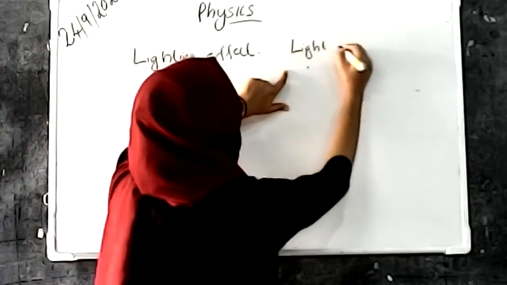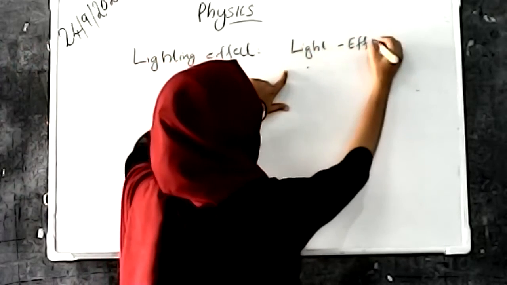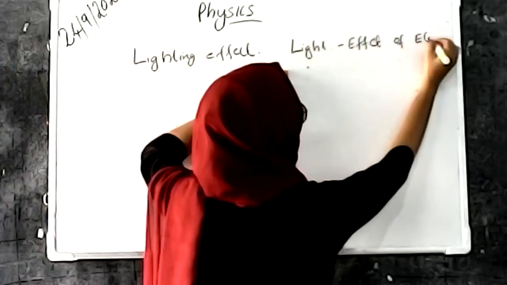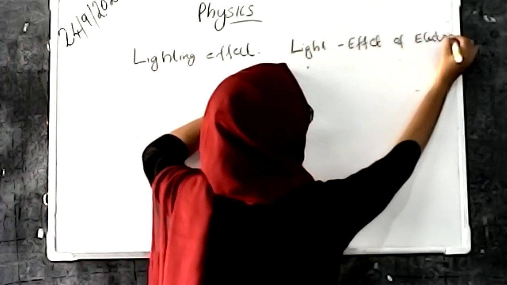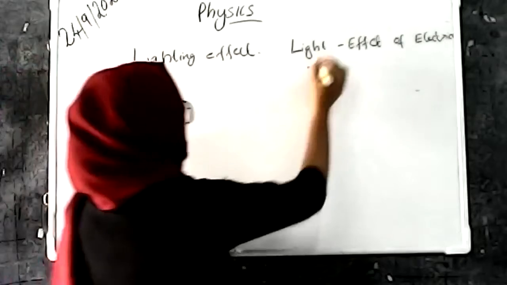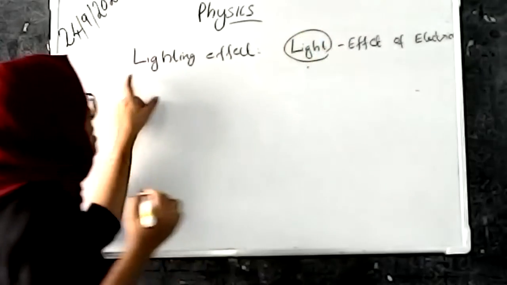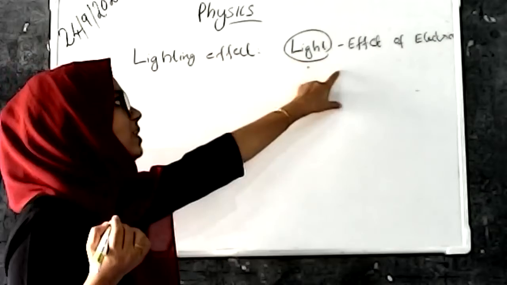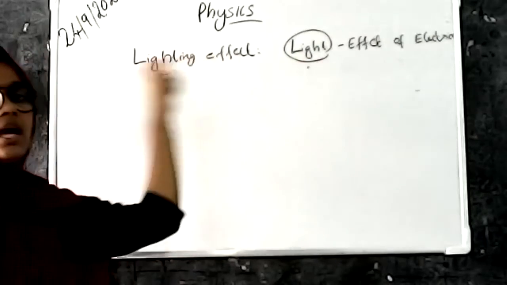That is, the useful form of electricity is light. So in the lighting effect of electricity, the useful form of energy is light.